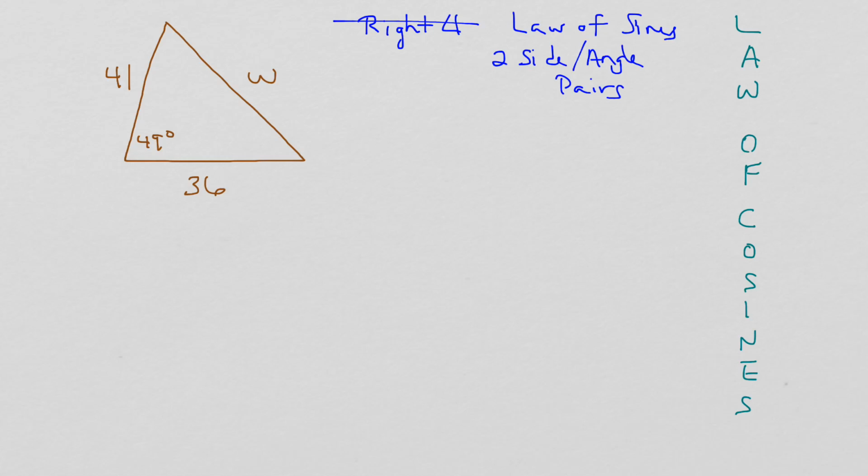So here you have one side and angle pair, but I don't have another angle. I have another side, but I'm missing the angle, and same thing here. So that's out. So the only thing that's left is the law of cosines.